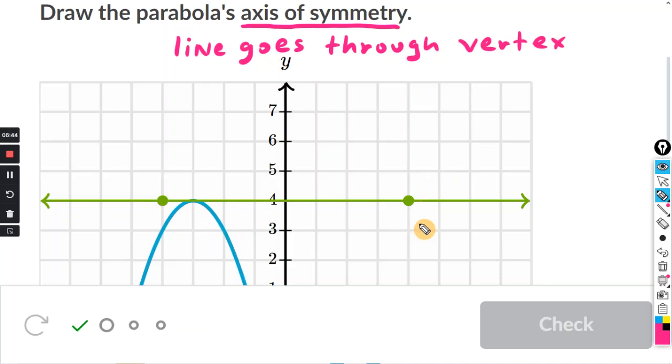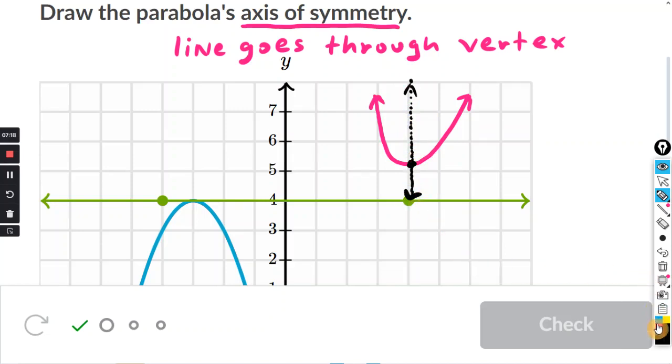In other words, if you have a U-shaped parabola, it's kind of like a U or a V. Let me draw that better. If you have your parabola and you have your vertex point, the axis of symmetry is a line that goes through the vertex. And it basically cuts the parabola in half. So that right there would be your axis of symmetry.